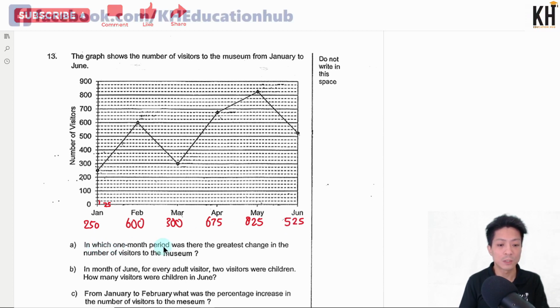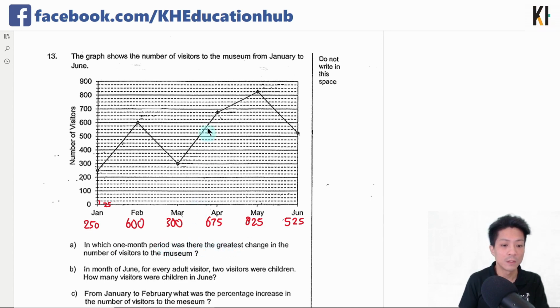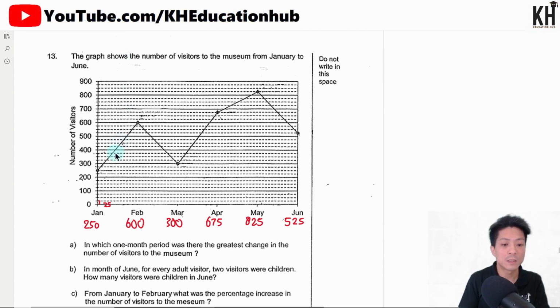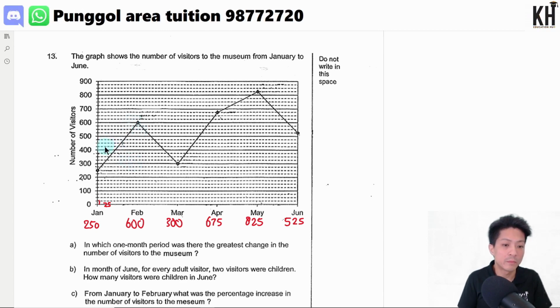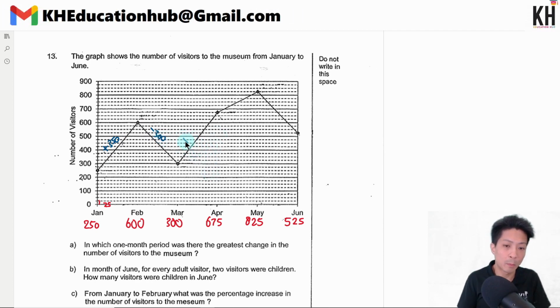In which 1 month period was there the greatest change in the number of visitors? To be safer, you have to slowly subtract. So this will be plus 350. This will be a minus 300. This would be a plus 375, right?